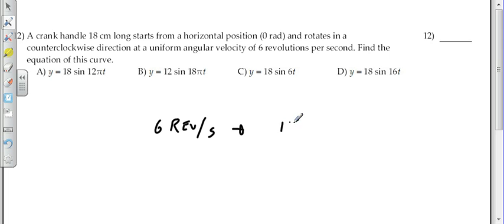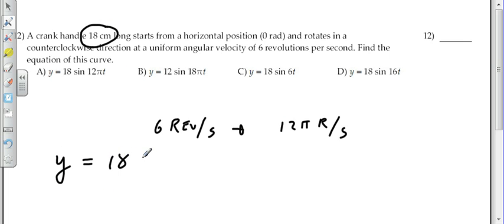So that would be 12 pi radians per second. All right. And now the issue is the handle is 18 long. So what's the equation of the curve? 18 sine 12 pi t. A.